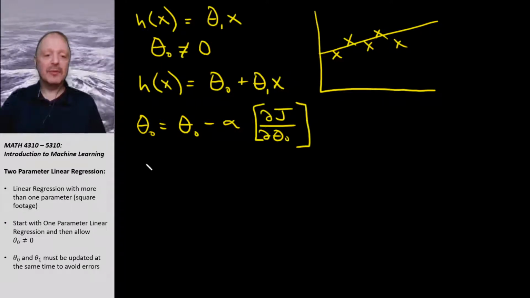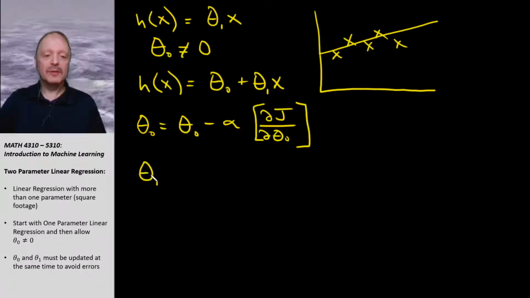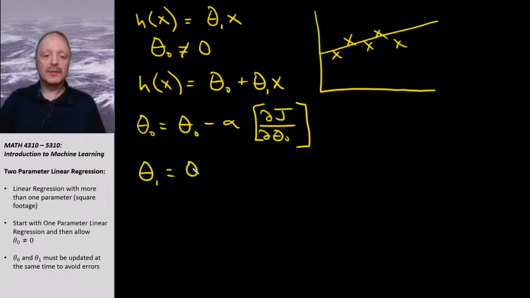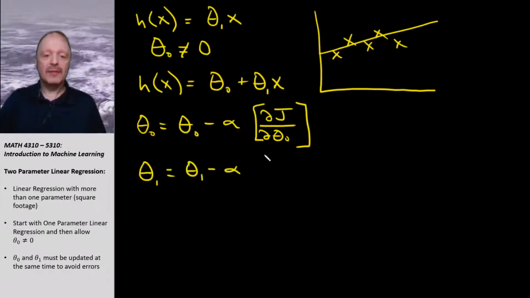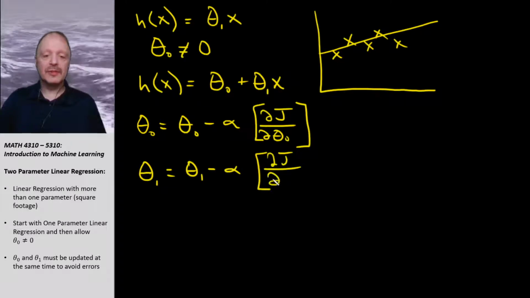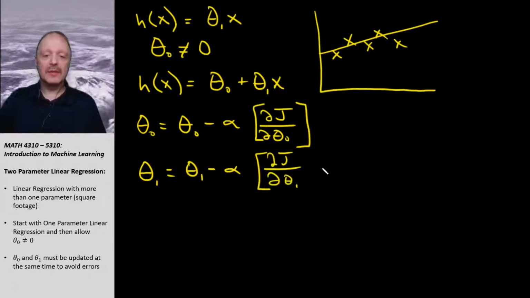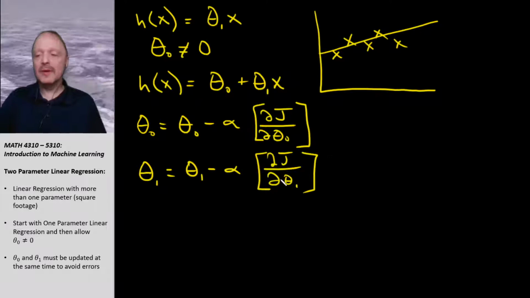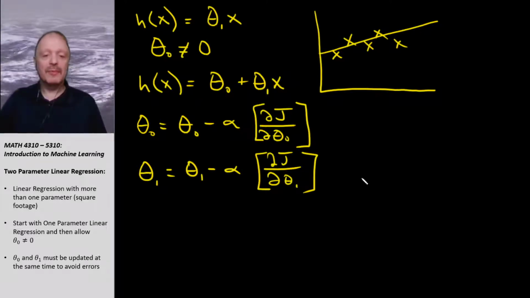That's just like what we had before when we had theta 1 equal to theta 1 minus alpha times the derivative of the cost function with respect to theta 1, right? So that's what we had before.